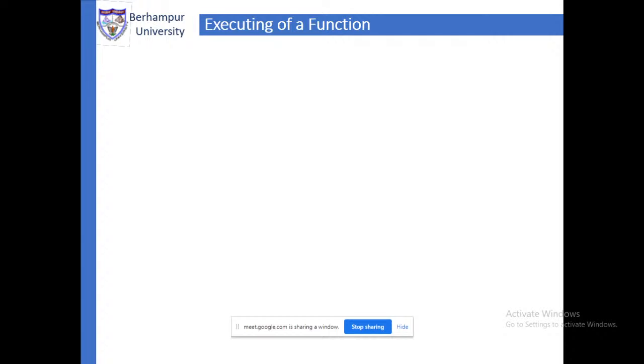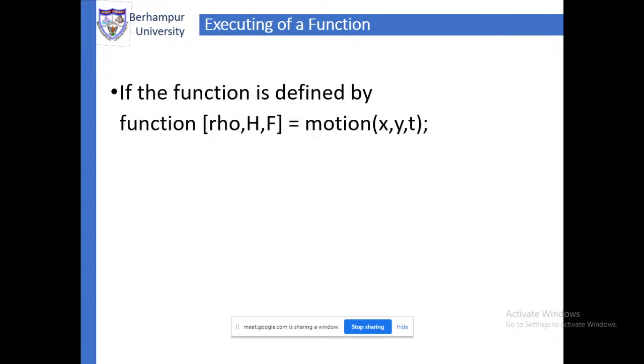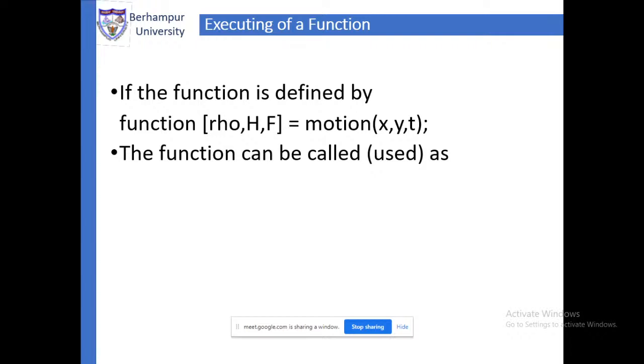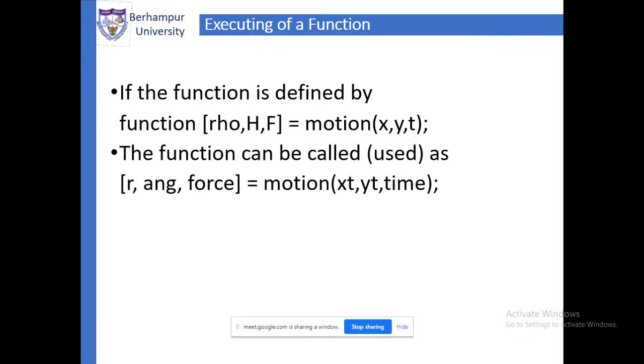Now execution of a function, or executing a function file. If the function is defined as function rho, H, F equal to motion of x, y, z, that is the first function that we saw, then this function can be called or used as you can see here: R, ANG, force.